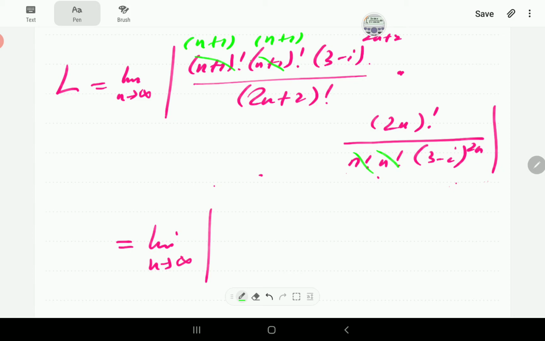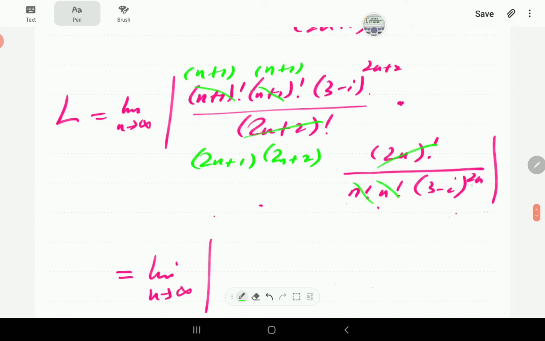Then this divides into this one, and we're going to be left with two terms, 2n plus 1 and 2n plus 2. And then this one is just going to cancel that one out.